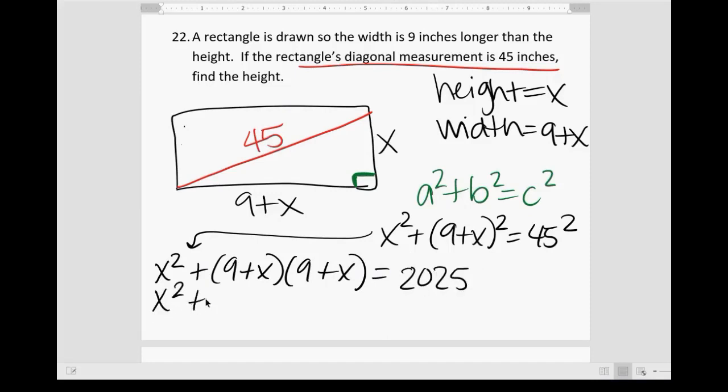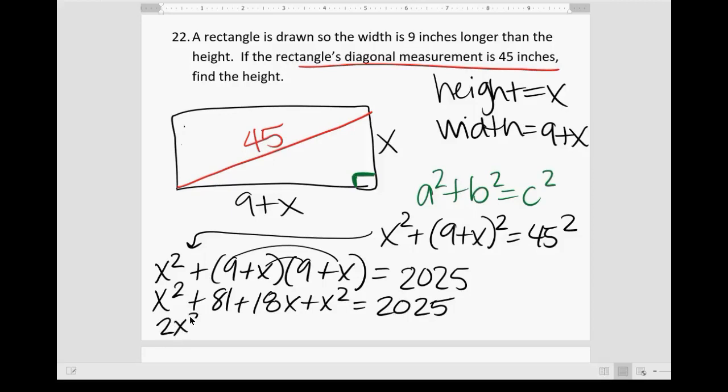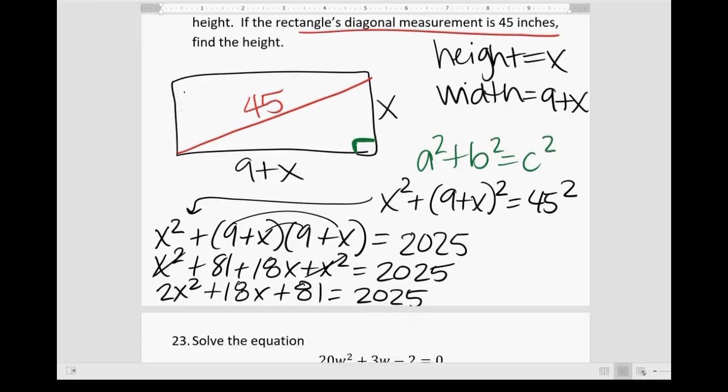That'll be x squared plus 81 plus, I'm going to skip steps, 18x plus x squared equals 2025. That would be 2x squared plus 18x plus 81 equals 2025.